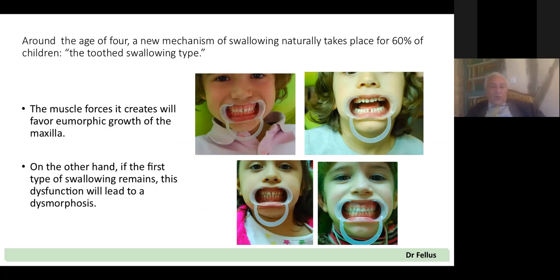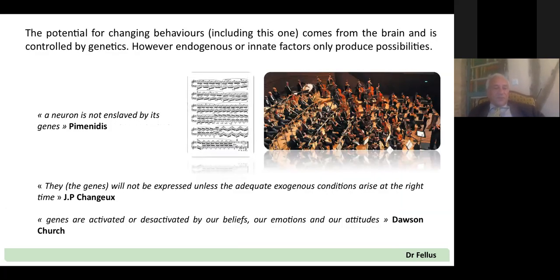So there are a lot of children at 4 years that don't need any orthodontic treatments. On the other hand, if the first type of swallowing remains, they will have a dysfunction because the physiological function becomes dysfunction, and this will lead to dysmorphosis.